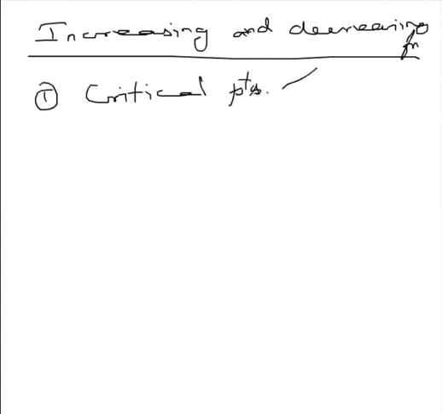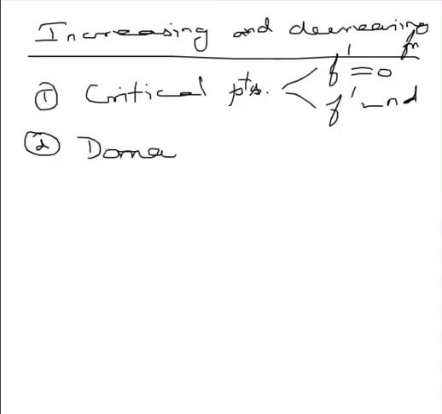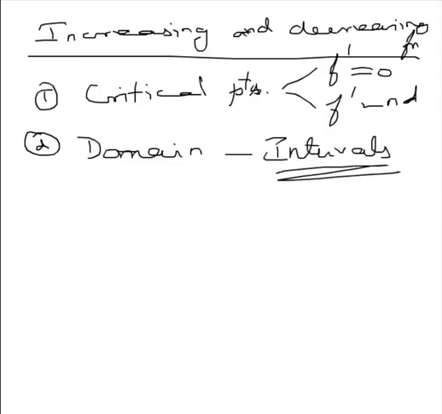Critical points means where f dash is 0 or where f dash is not defined. Both are critical points. The second step is the domain has to be split into intervals. First step is finding the critical points. Second step is splitting the domain into intervals.